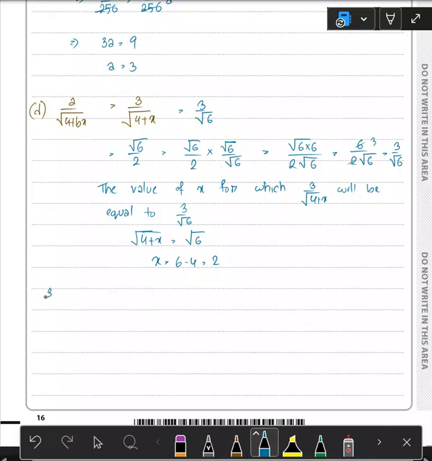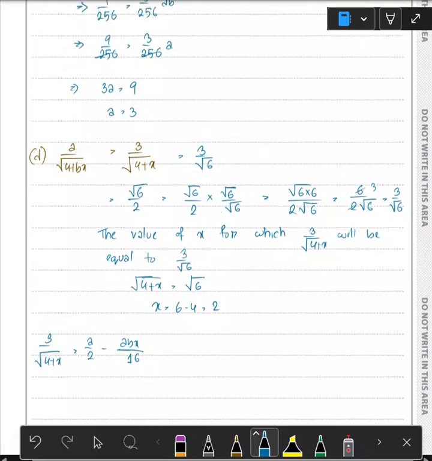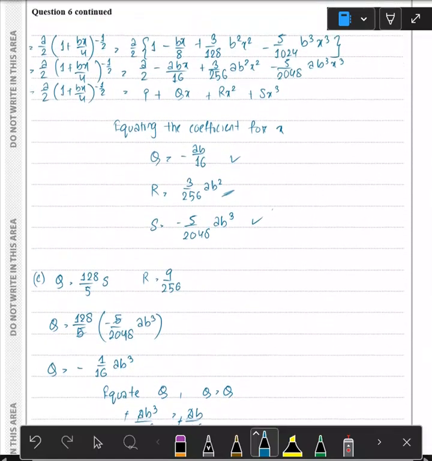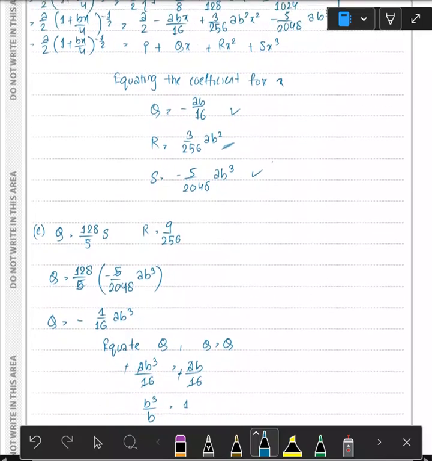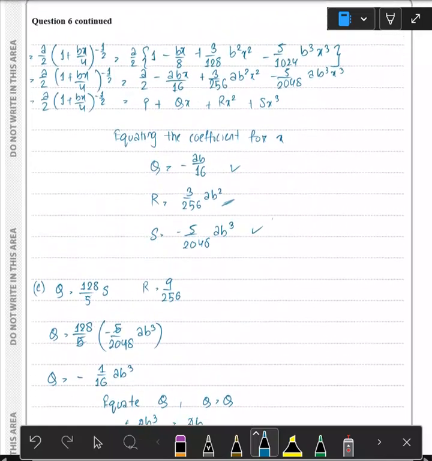We know that 3 by root 4 plus x is equal to a by 2 minus abx by 16 plus 3 by 256 ab square x square minus 5 by 2048 ab cube x cube.